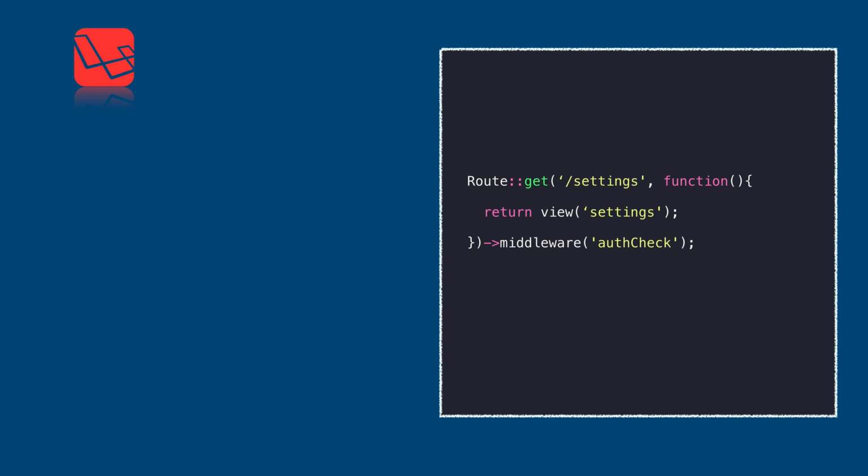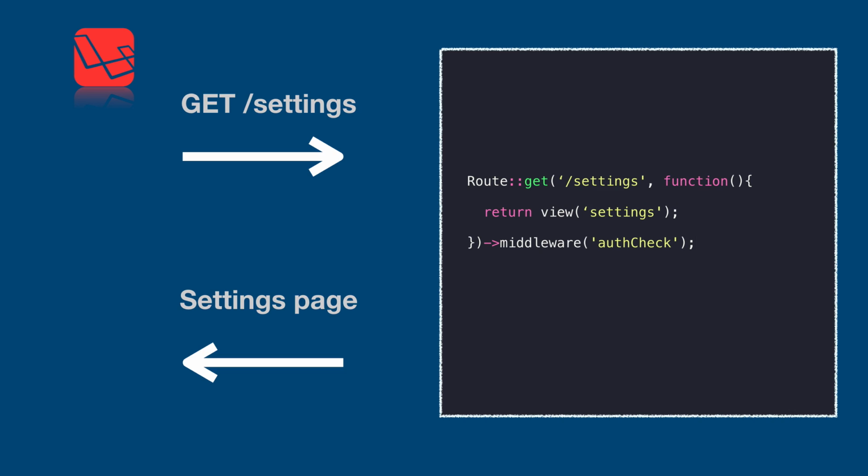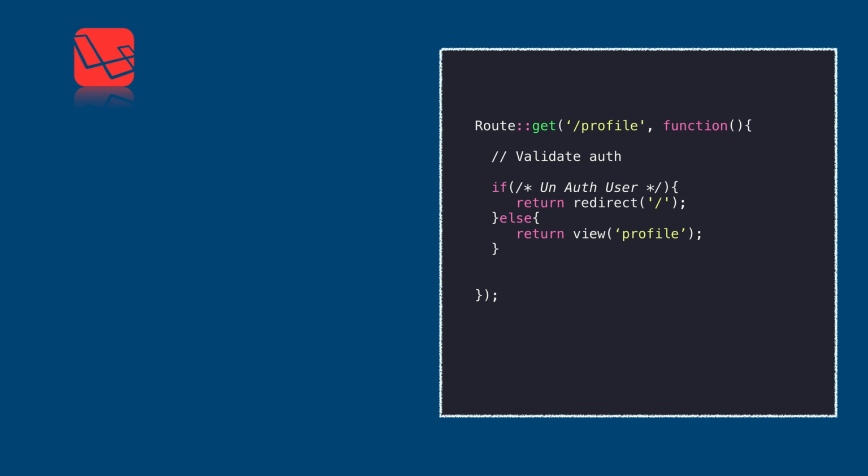So the authentication checking is done by the middleware now. So the middleware will reject the request for settings if the user is not authenticated. So now the flow will be again the same, but now we are using middleware. So the request was rejected by the middleware, not the route handler.